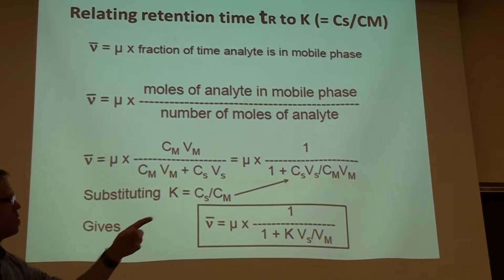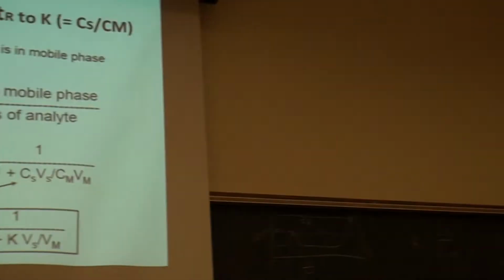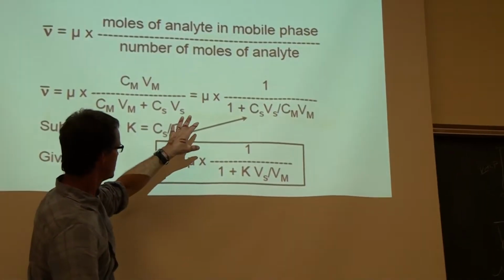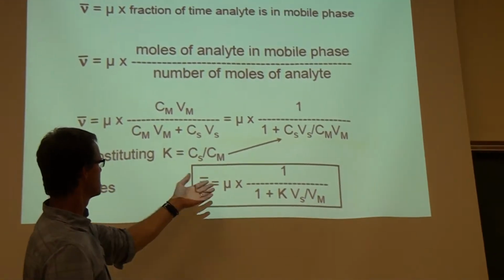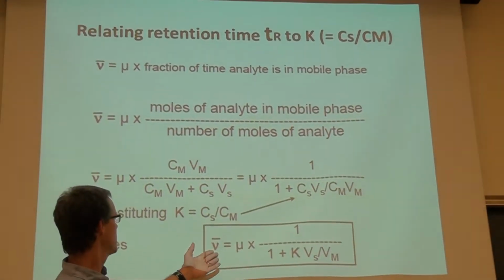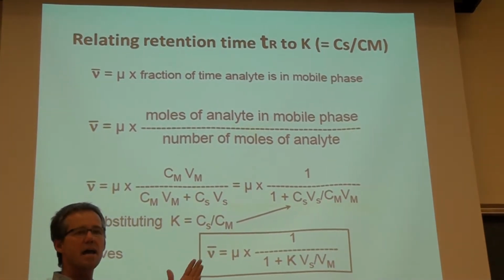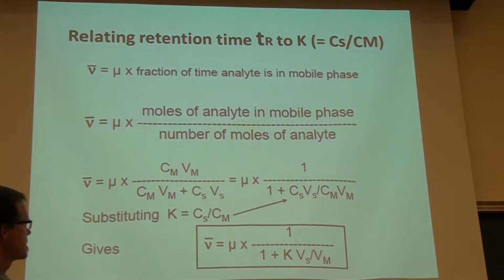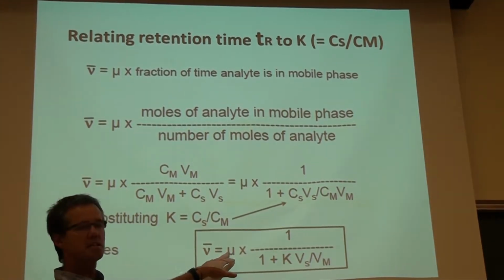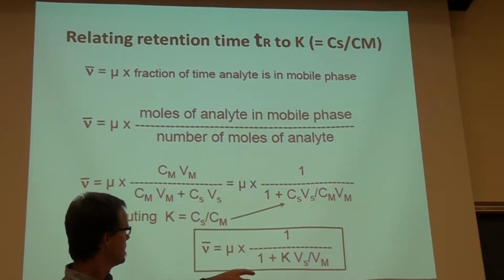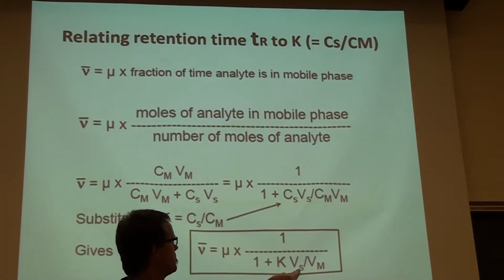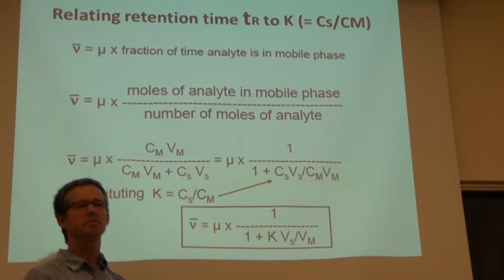And if I know that the partitioning coefficient is essentially the concentration in the stationary over the mobile phase, I can simplify it down to this simple term, where the velocity of my analyte in the column is a function of the velocity of the mobile phase, how fast things are flowing, and the partitioning coefficient times the volume of the stationary phase and the volume of the mobile phase.